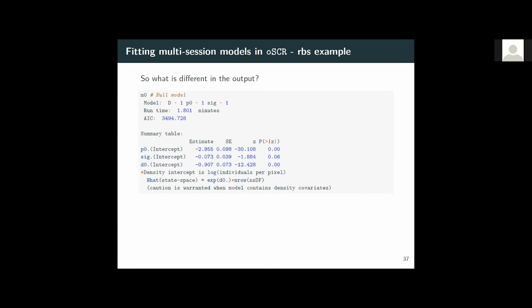The intercept for density, which is like the density per pixel, assuming every pixel is the same. Likewise, for detection probability, we're saying there's no variation in detection probability. There's just one baseline detection function, and there's no variation in any way in sigma. So it's no surprise then that we have these 3 rows, which are just the intercepts. These are estimates of the intercept on the linear predictor scale.